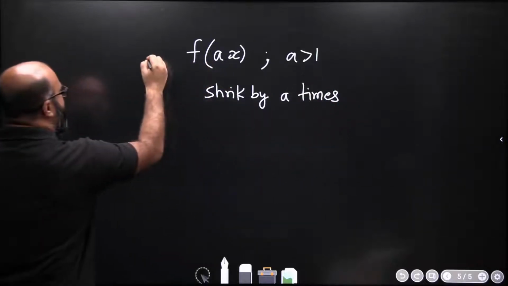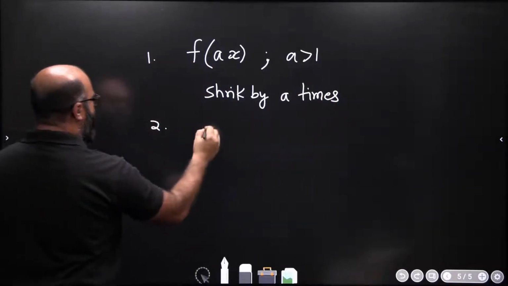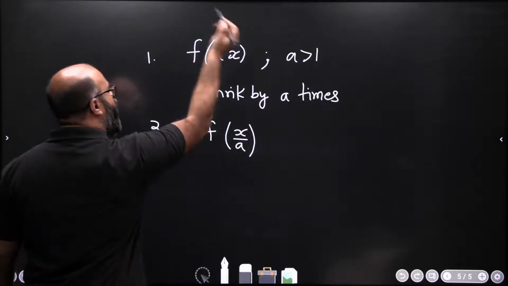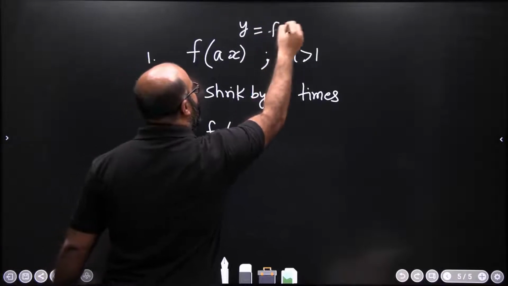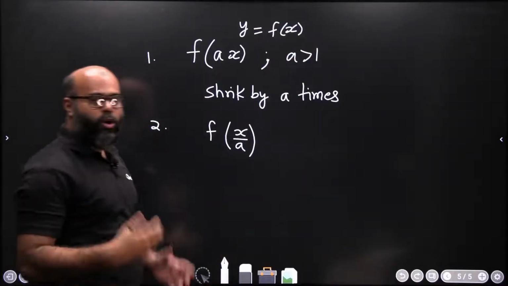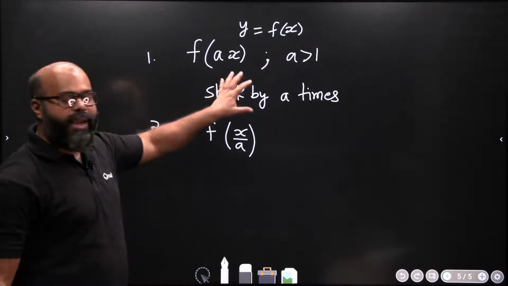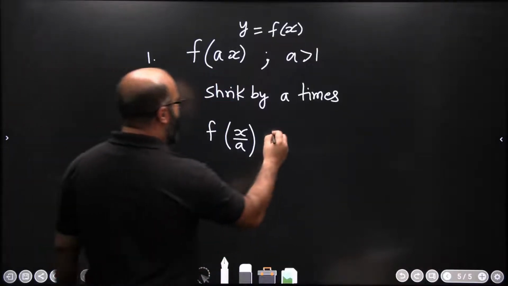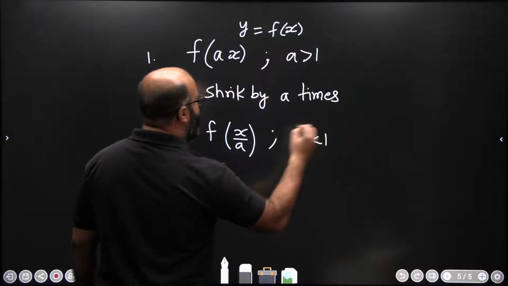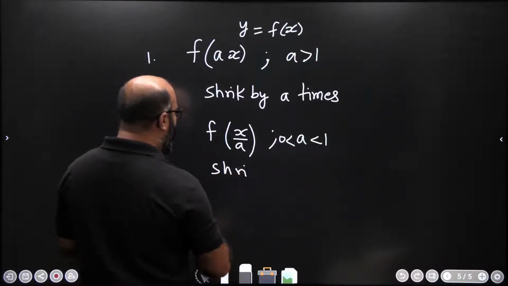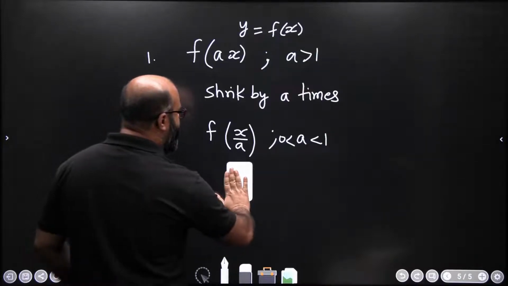And then another point here is, we are talking about the original graph y is equal to fx. With respect to that graph, the new graph will shrink by a times. If you take a less than 1, greater than 0, it will not shrink, rather it will stretch.